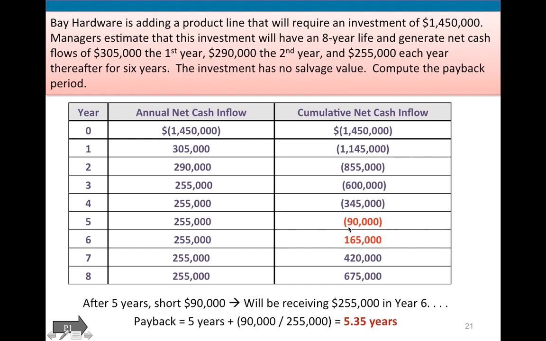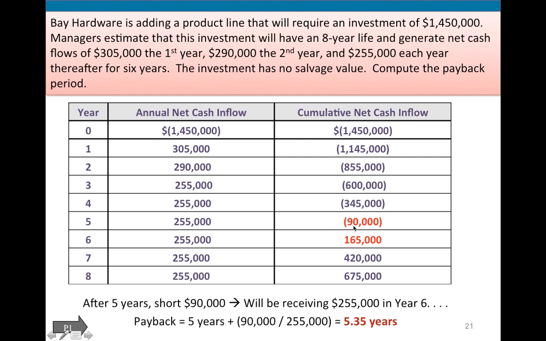So we need to figure out that decimal, right? And this is what we do. I'm still missing $90,000. After 5 years, I'm still short of $90,000. We're receiving $255,000 in year 6. So the way we're going to calculate the decimal, I know it's going to be 5 years plus the decimal.